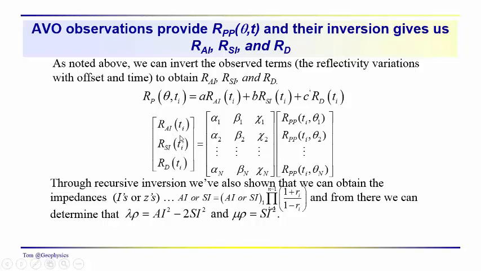So we're at this point now. We've talked about the inversion of this data using the Marquardt-Levenberg approach. We should be able to take our amplitude variation with offset observations and convert those into these compressional wave, shear wave, and density reflection coefficients, and given the reflectivity, we should be able to work recursively back to the impedances, referred to in Russell 2014, for example, as compressional wave impedance AI and shear wave impedance SI.